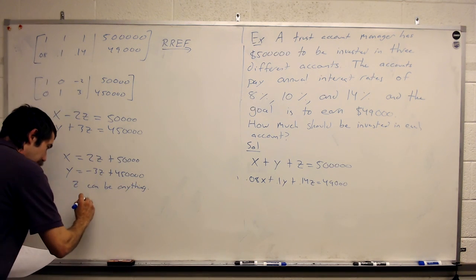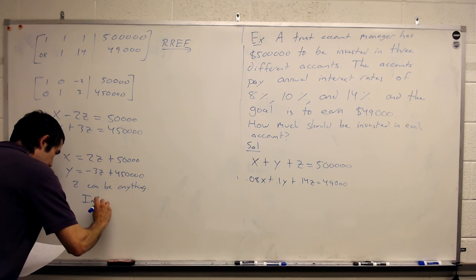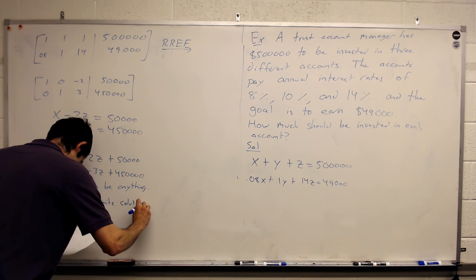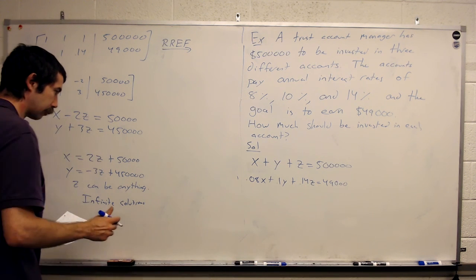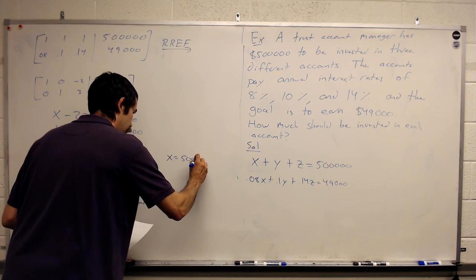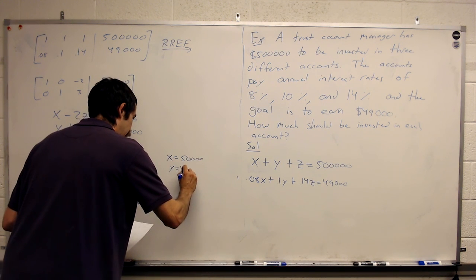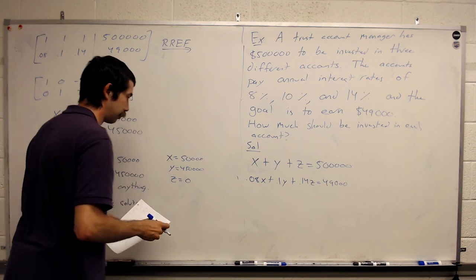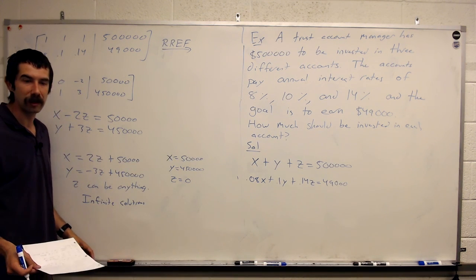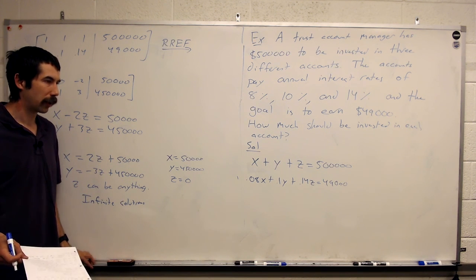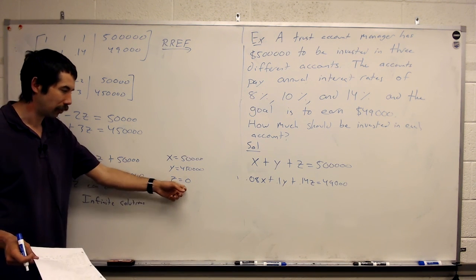There's infinitely many solutions. So one example could be x equals 50,000, y is 450,000, and z equals 0. Maybe this z is the riskiest one because it has the highest return, so it probably is the riskiest. So maybe you don't want to risk it.